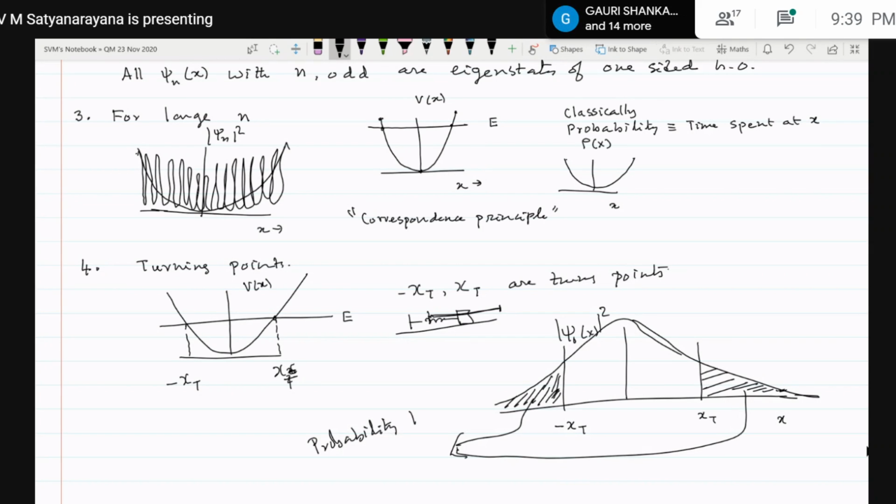the probability that the oscillator is beyond the turning point. This is a quantum mechanical origin.